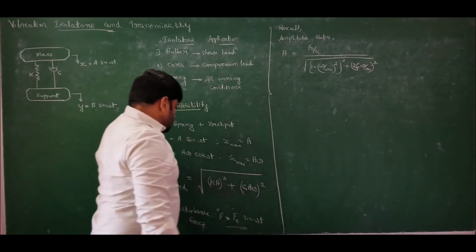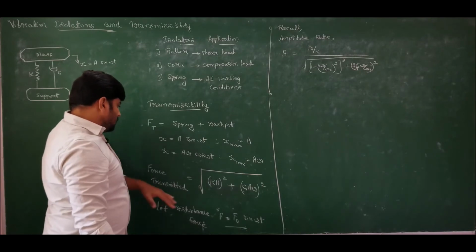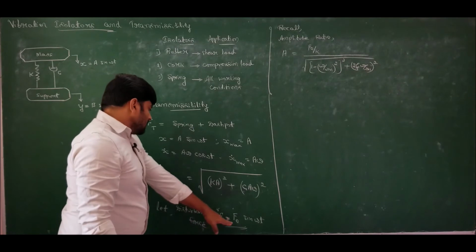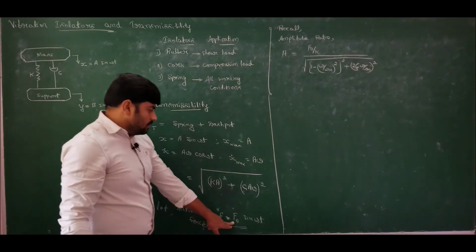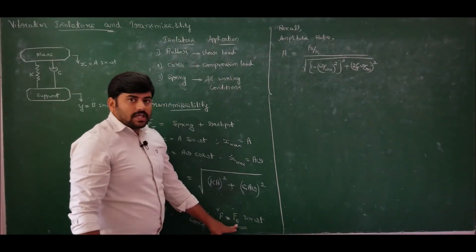Now I want to take the ratio of the force transmitted and F0. What is the maximum disturbance force? It is nothing but F0, because the maximum value of sin omega t is 1. So F max is nothing but F0.